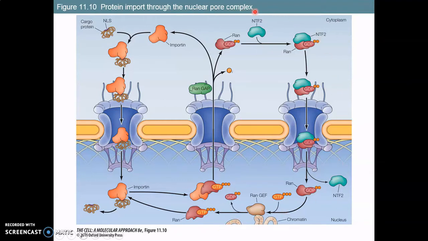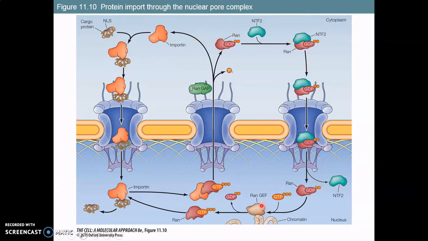And what this whole cycle really depends on is the fact that in one conformation, RAN can interact with importin and move things out, but when it's in a second conformation, in the GDP conformation, it can't bind to that protein, and so it can only be re-imported back in.